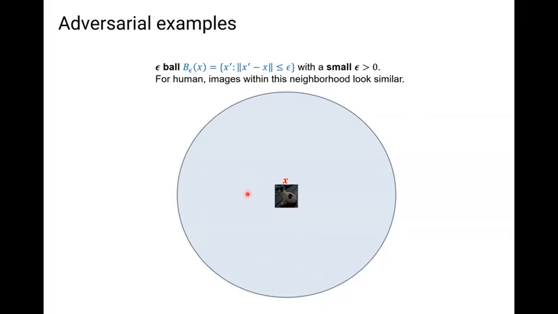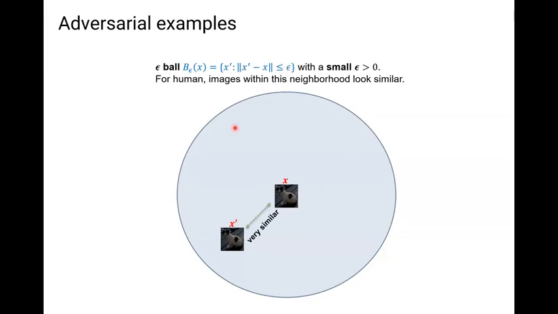You can call this a neighborhood. The perturbations, or slightly different images, are very similar to the original one. Let's denote one as x_i, and it is still within the small neighborhood of the original image, within a range, and this range is epsilon.